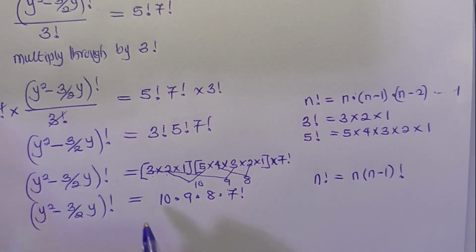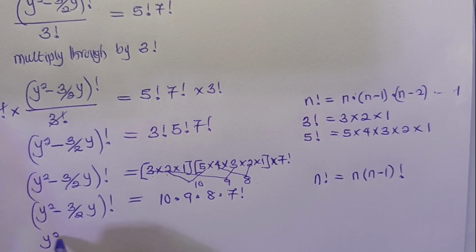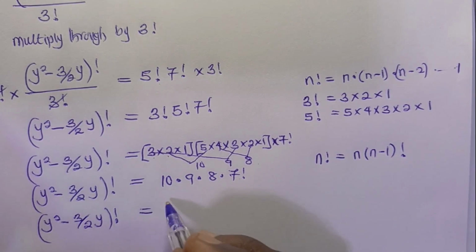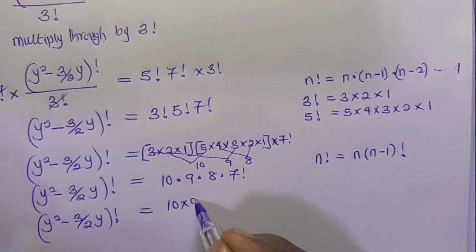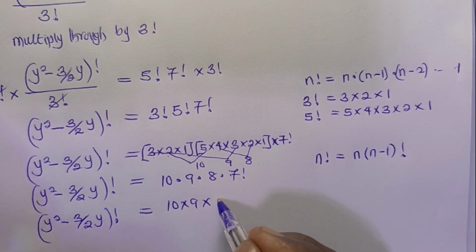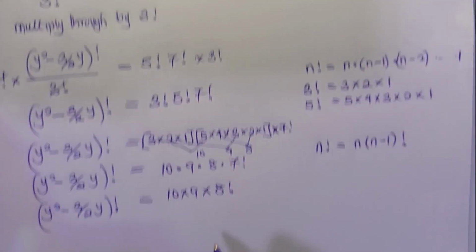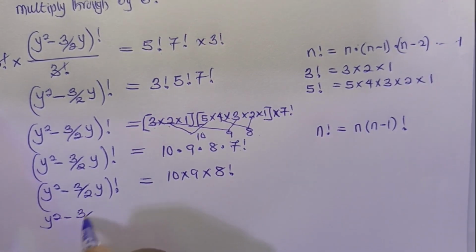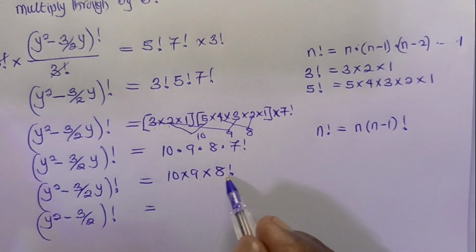So given that, we can write (y² − 3/2 y)! equals 10 times 9 times 8 times 7!, which is 10 times 9 times 8!.